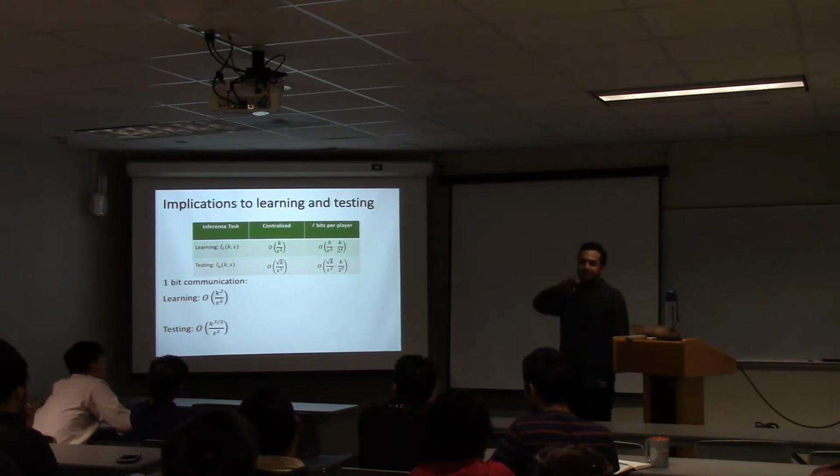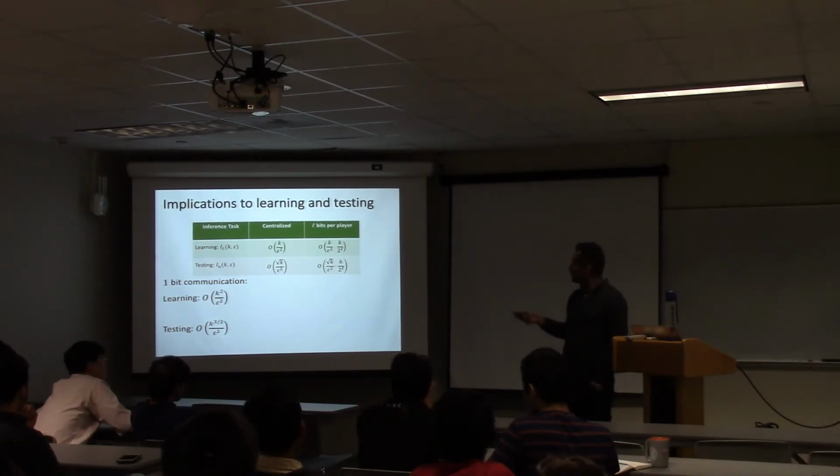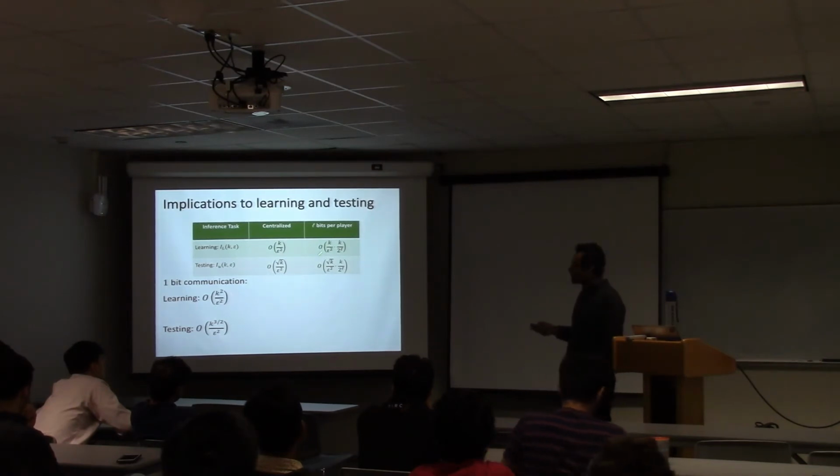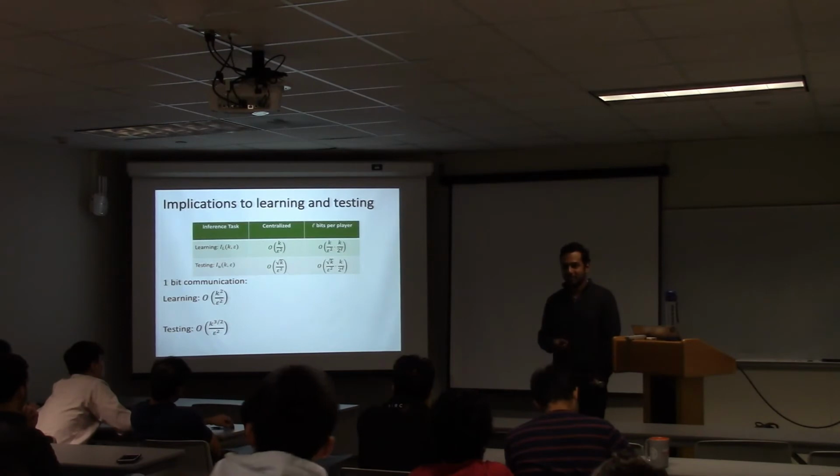Now suppose we consider the distributed setting with n bits of communication from each player. By using these simulation protocols, we have designed algorithms whose sample complexity for learning is k over epsilon square times k over 2 to the n, and similarly for testing, root k over epsilon square times k over 2 to the n.